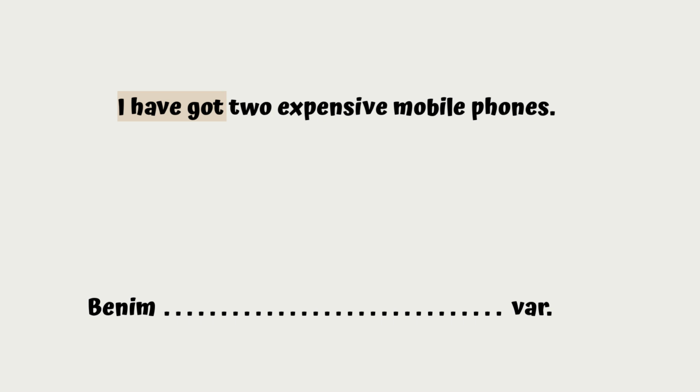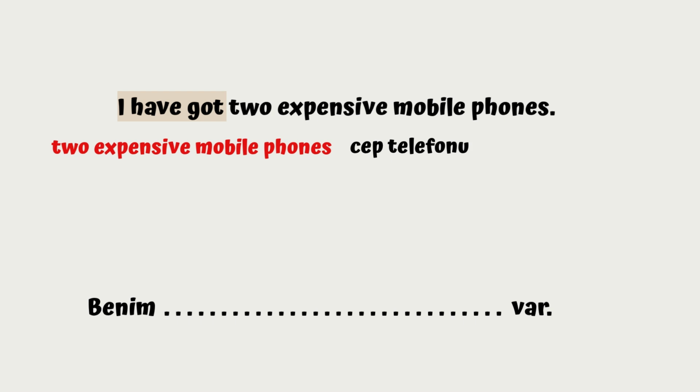So what do we have here? We have 2 expensive mobile phones. Now how do we say that? We have to remember the word order. So mobile phone is cep telefonu. 2 mobile phones is iki cep telefonu. Remember, we don't make it plural. And then I'm going to say 2 expensive mobile phones. If you remember, the number is going to precede everything, and the adjective.